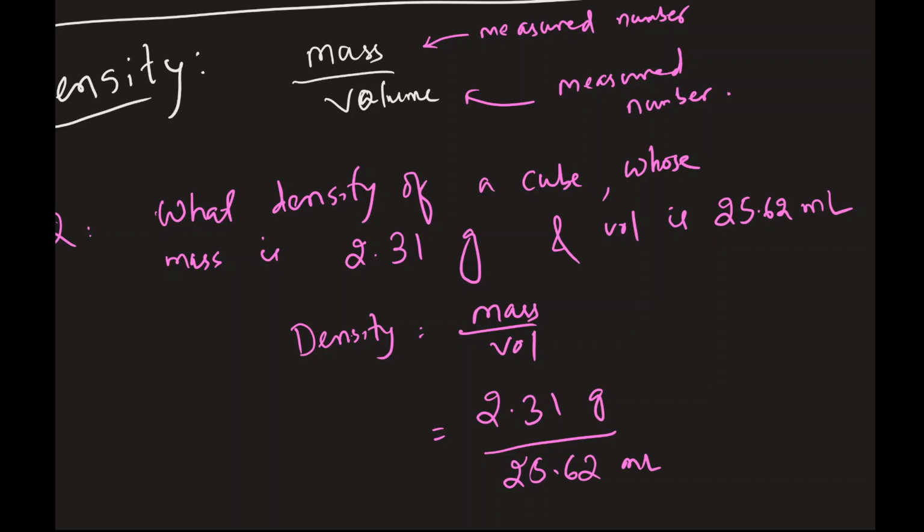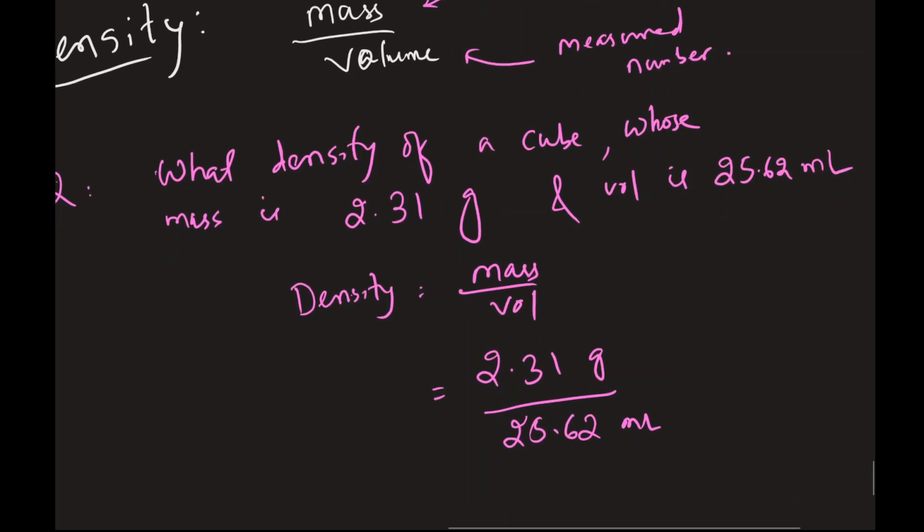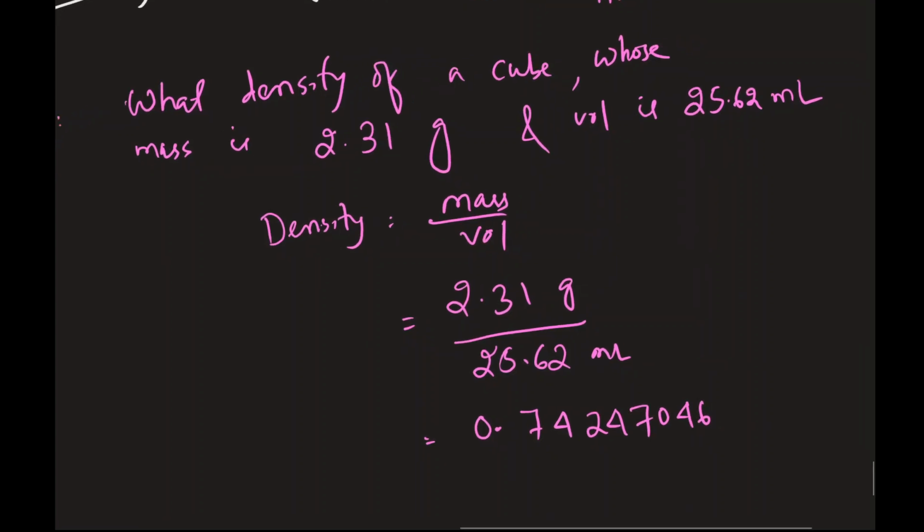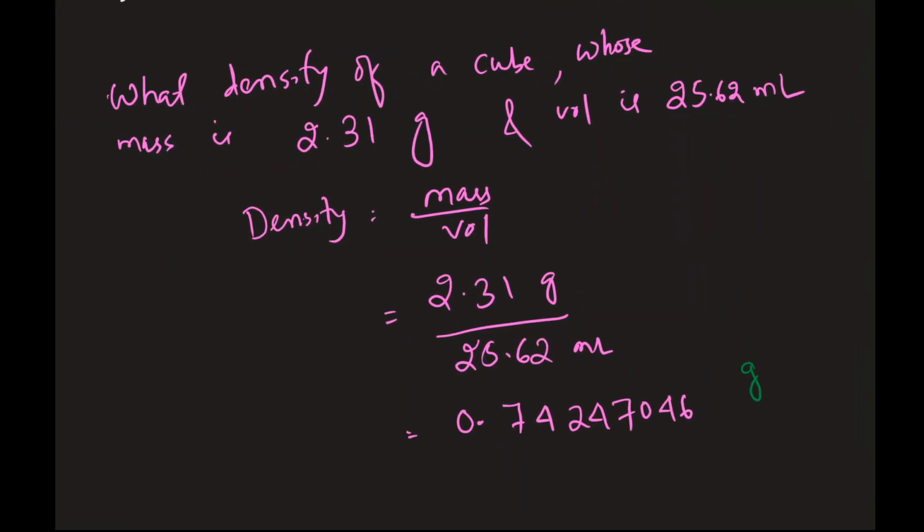So let's do the math. 2.31 divided by 25.62. My phone is giving me 0.7424, it's giving me a larger number. It's going to be grams per milliliter. Don't forget the units, guys.